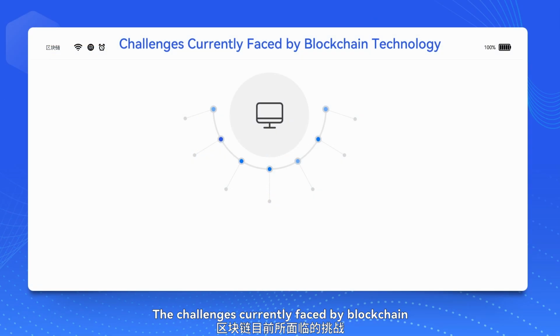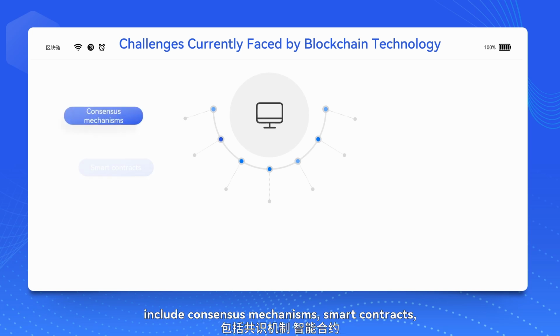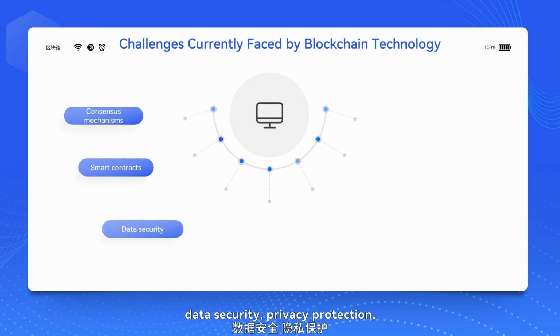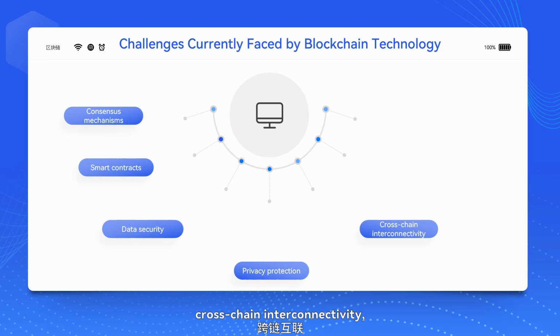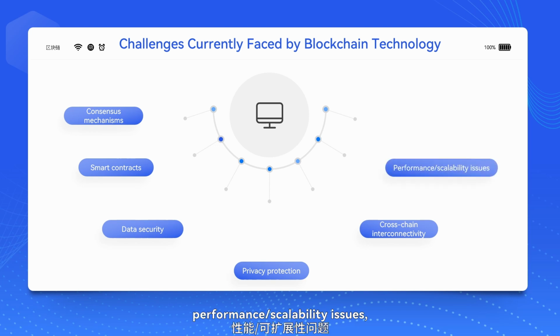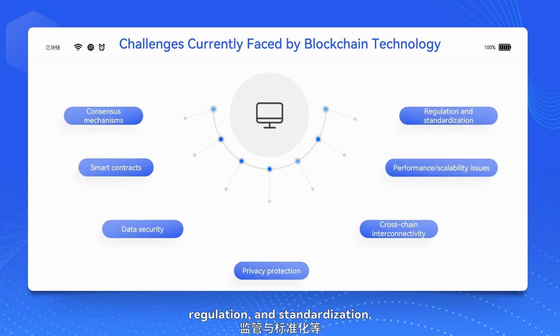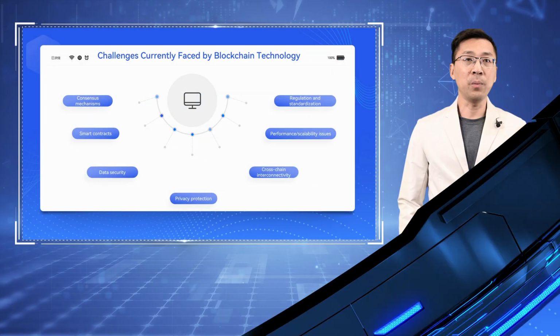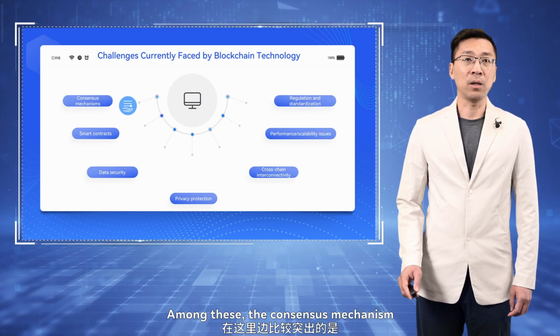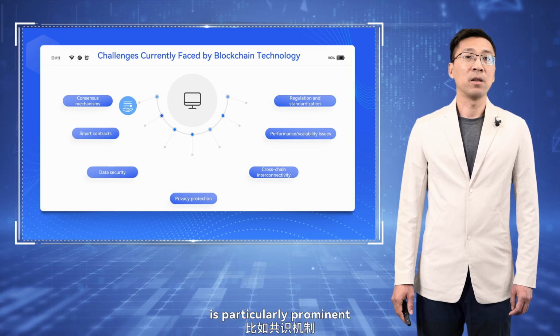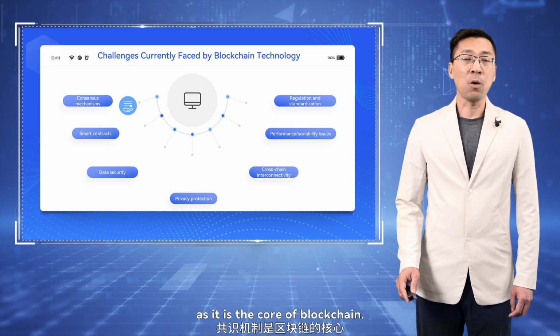The challenges currently faced by blockchain include consensus mechanisms, smart contracts, data security, privacy protection, cross-chain interconnectivity, performance and scalability issues, regulation, and standardization. Among these, the consensus mechanism is particularly prominent as it is the core of blockchain.